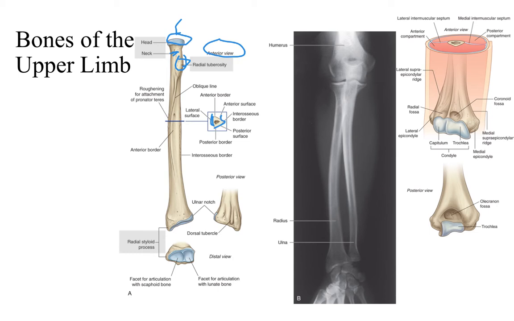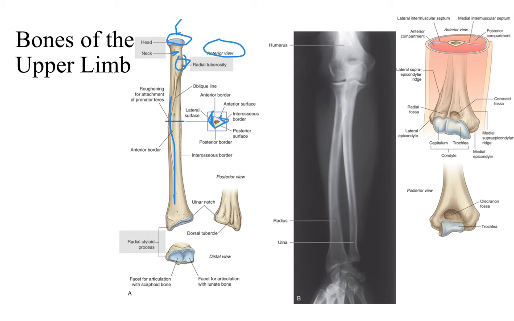It's important to note that when we are talking about this orientation, we are standing in anatomical position, because that orientation is going to change as soon as we move our arm in multiple different directions. So the anterior border, the point will face medially, and the rounded edge will face laterally, away from our body.